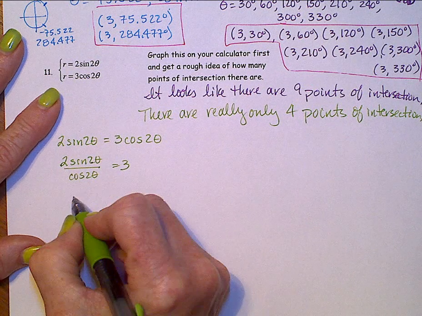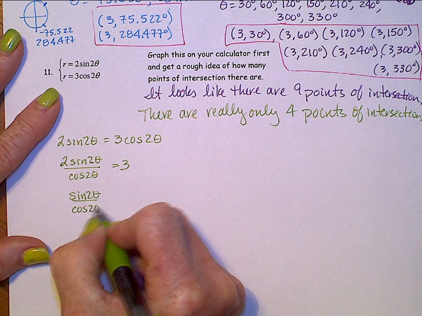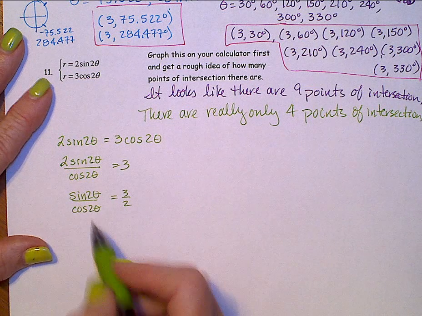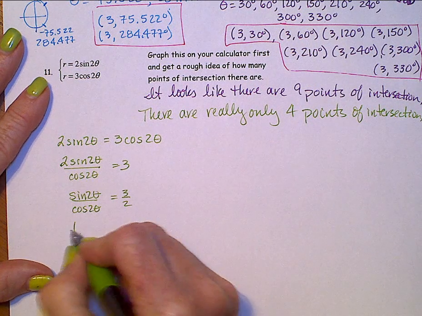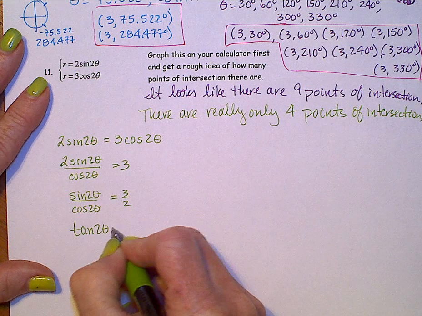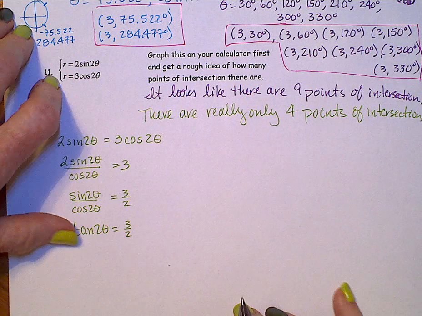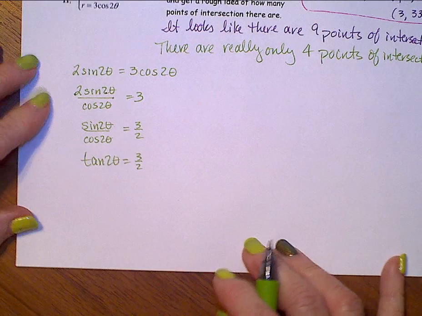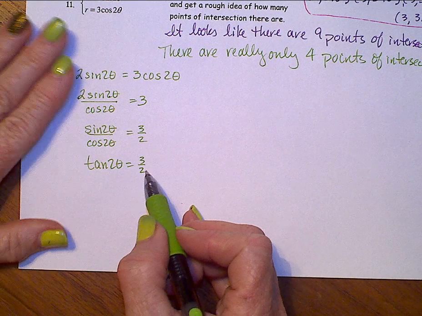And we're going to have sine 2 theta over cosine 2 theta, which is equal to 3 halves. Hey, what's sine 2 theta over cosine 2 theta? That's tangent 2 theta is 3 halves. So we can find this now because we want to know where tangent of 2 theta is equal to 1.5.